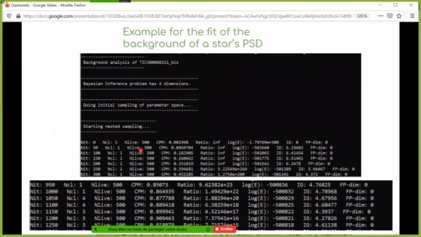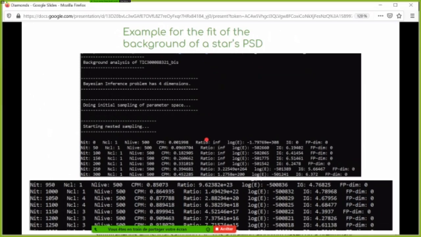Then you have CPM, the cumulated prior mass, which converges to 1 towards the end of the process. You have the ratio. The ratio is the final termination condition. It's an important parameter to track for understanding how much is left to sample for the posterior probability distribution.